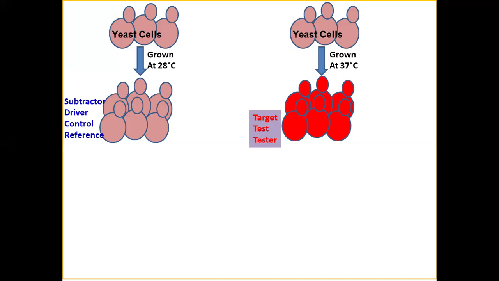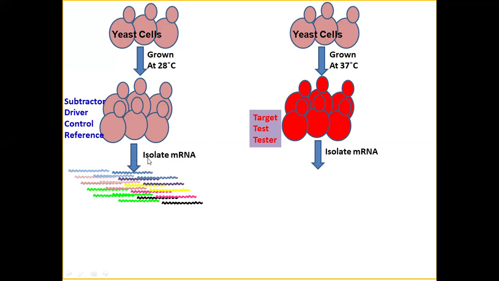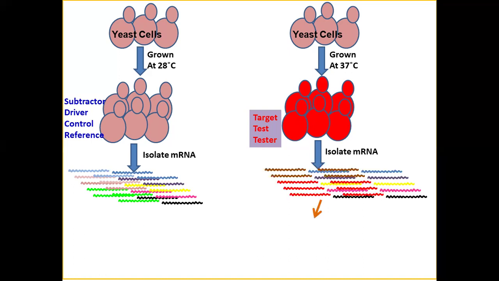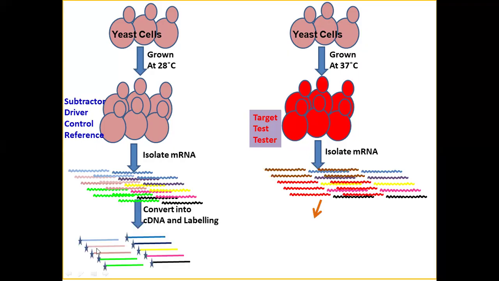So now we can harvest mRNA from these two sets of yeast cells grown at 28 as well as 37. Isolate mRNA, and in the driver condition or control condition, the mRNA is converted to cDNA and labeled. This is the mRNA converted to the cDNA by using the reverse transcriptase.